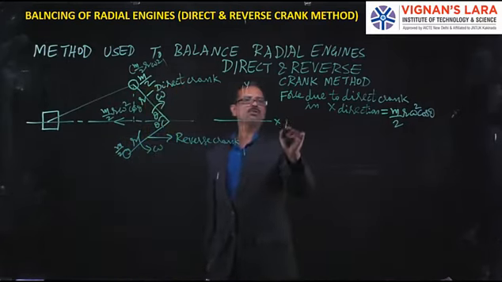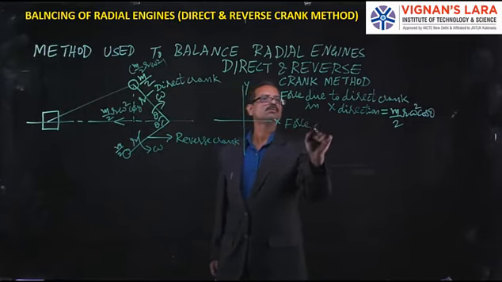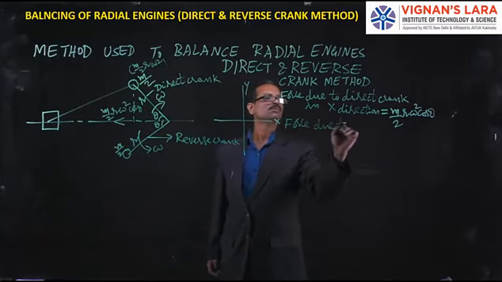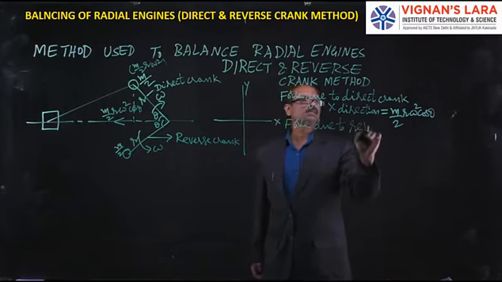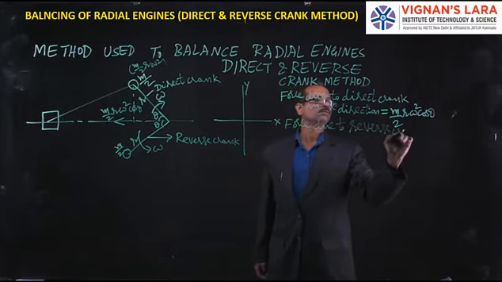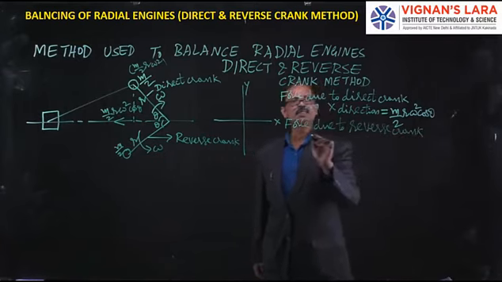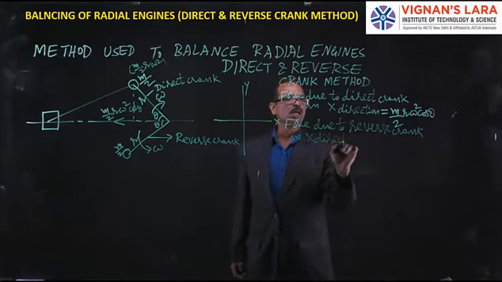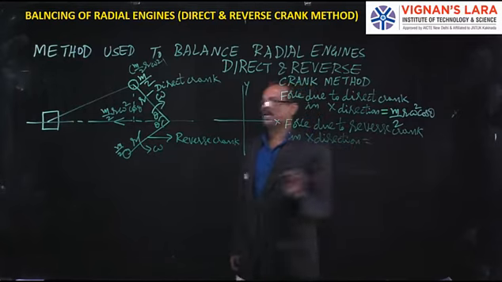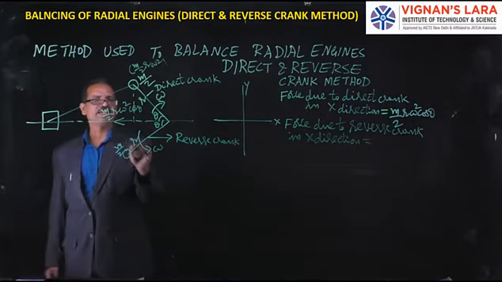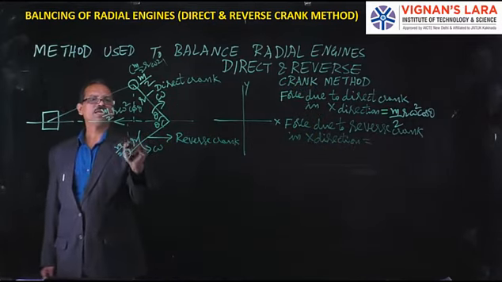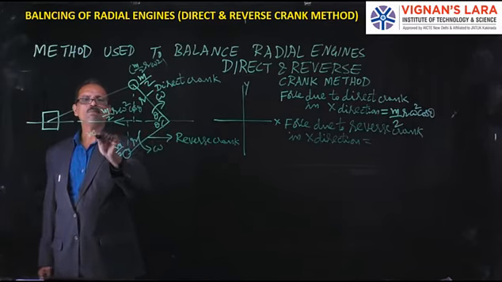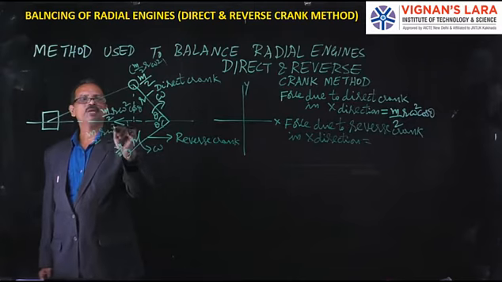Then what is the force due to the reverse crank? That is also the same magnitude and in the same direction. Because it is revolving like this, this is also theta, so its component is also m by 2 r omega square cos theta.